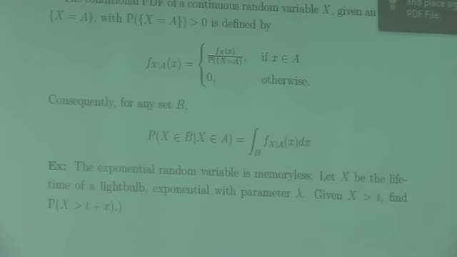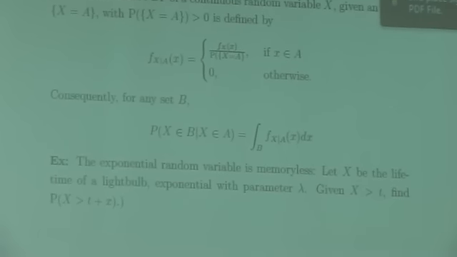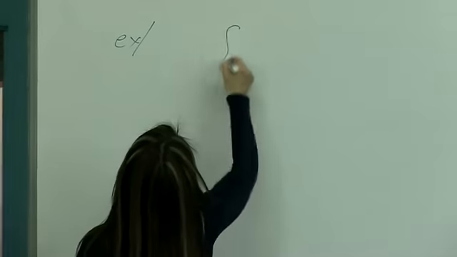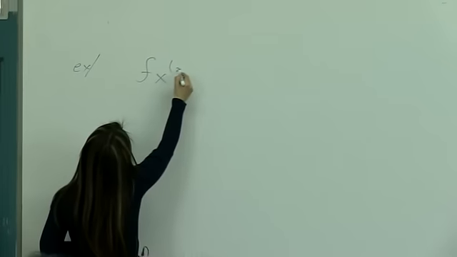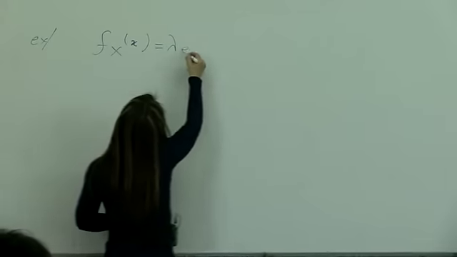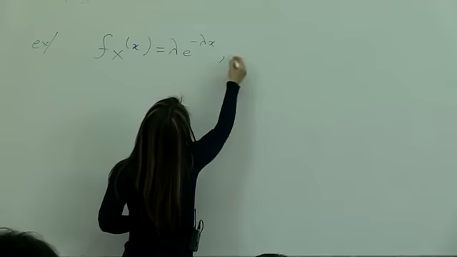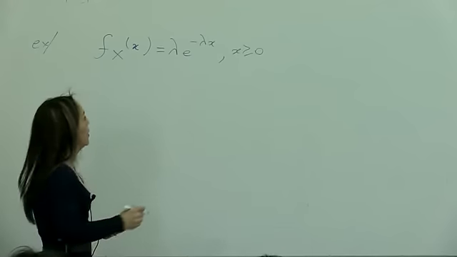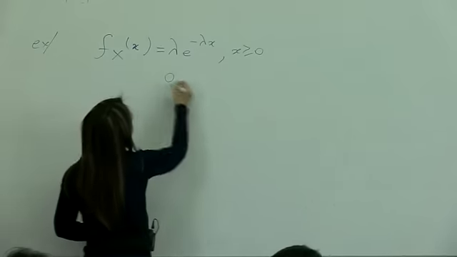Let's think about this example, about the exponential random variable. I hope you remember the exponential Pdf. If not, let's remind ourselves. fx of x is lambda times e to the minus lambda x when x is positive, and 0 otherwise.